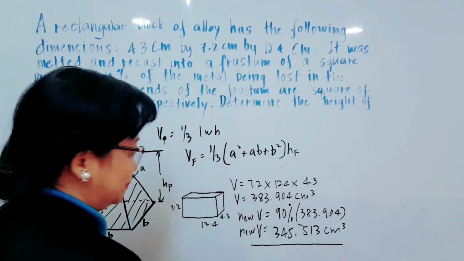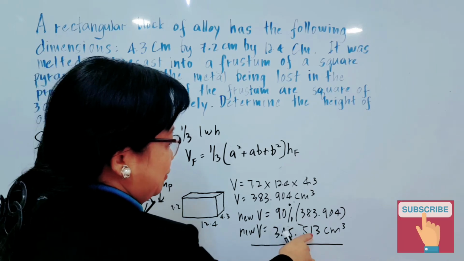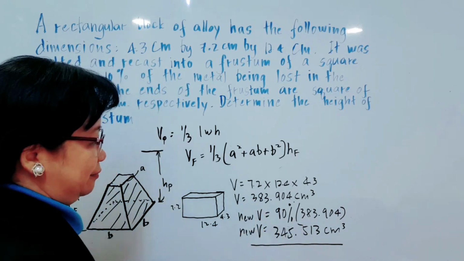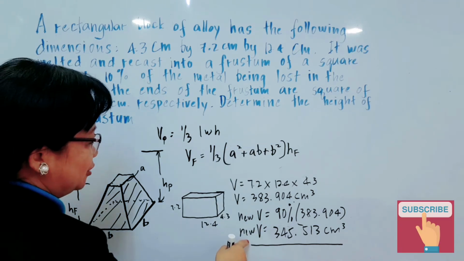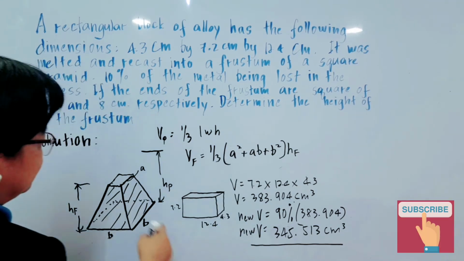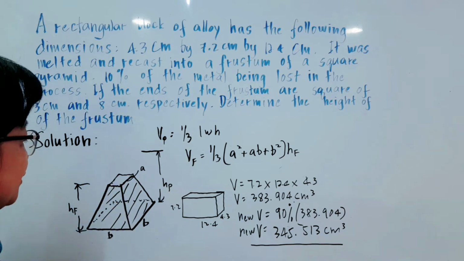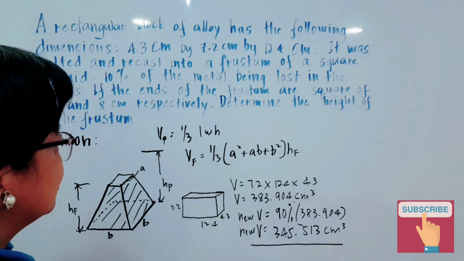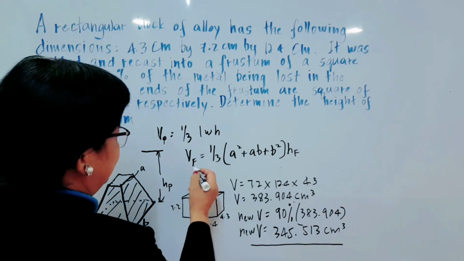The new volume, using the calculator, is equal to 345.513. This is 90% of the original volume because 10% is lost. So we have now the new volume, which is equal to the volume of the whole frustum of a square pyramid. Now we can solve the height of the frustum by using this formula.